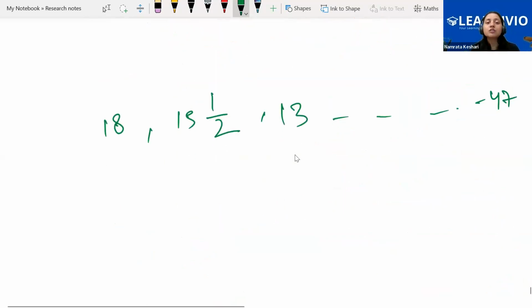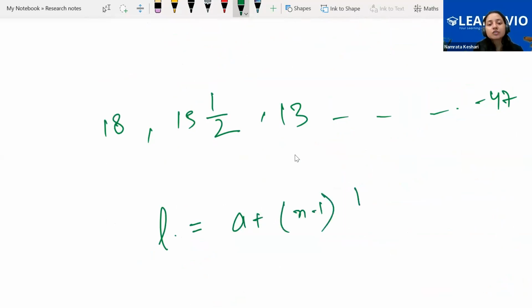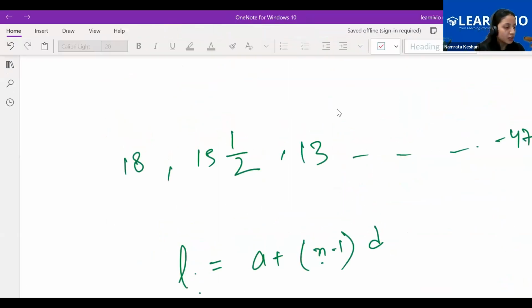Directly you can use the formula of the last term, that is, last term is equal to a plus (n minus 1) into d. Here L is the last term, and n is the number of terms, like how many terms we have in our AP. That will give n. Samya. Okay, we are already running out of time.